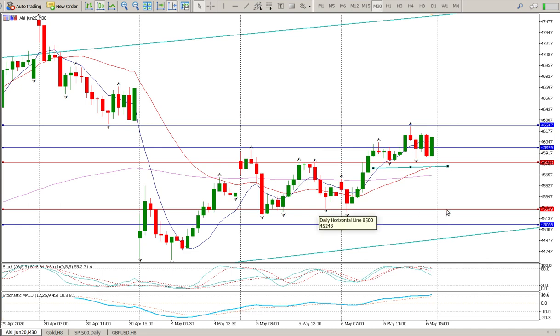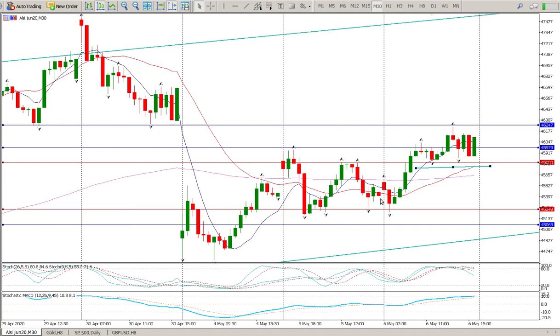That's kind of the trade I'm looking for. It may not happen. If we do get above the high of yesterday and we get an hourly close above 46,247, all bets to the downside are off. And then I'm looking for this level of 46,247 to form support, and then I'm looking for a long to the upside.